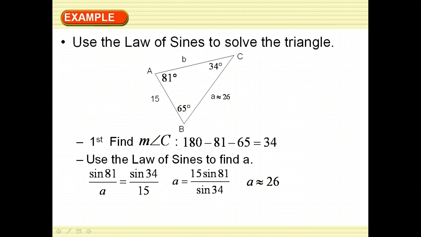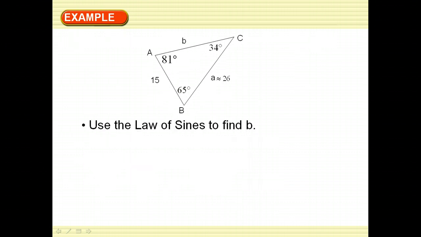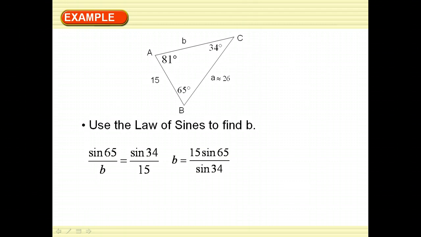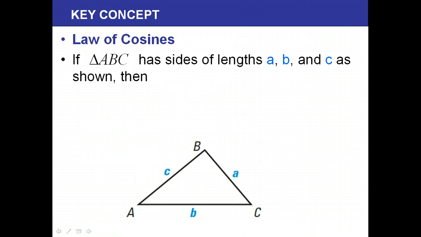So to find b, I'm going to do the sine of 65 is to b as the sine of 34 is to 15. And so b is 15 times the sine of 65 divided by the sine of 34. I simply cross multiply and divide and find out that b is approximately 24. So now I have solved that triangle. I have all three angles and all three sides.